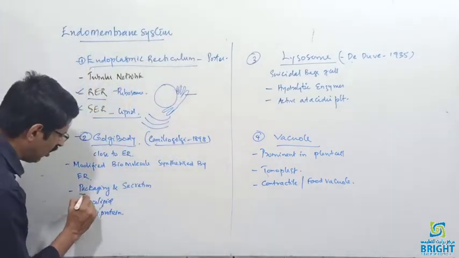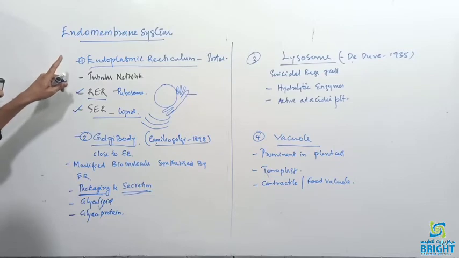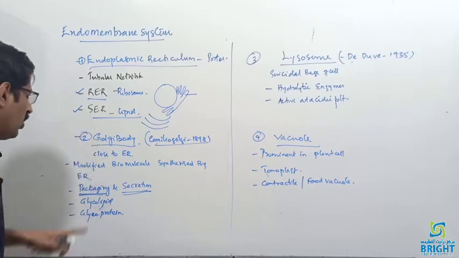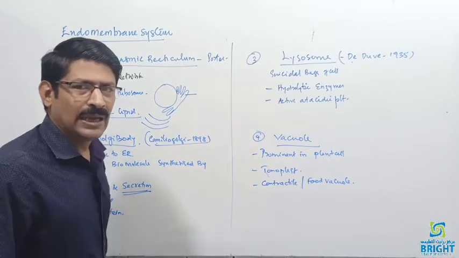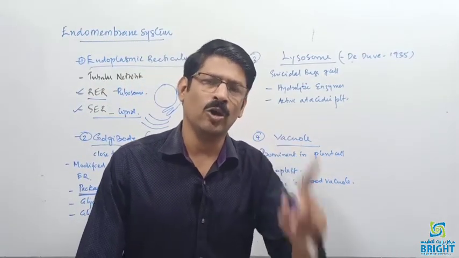So they are involved in the packaging and secretion of the material. The Golgi apparatus is involved in the packaging and secretion of biomolecules synthesized by the endoplasmic reticulum.